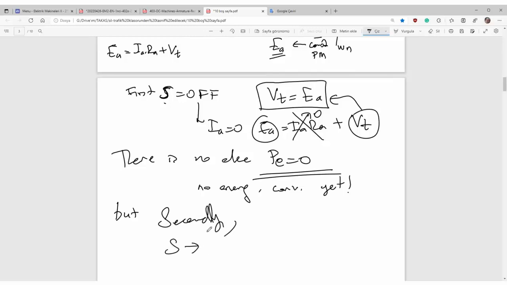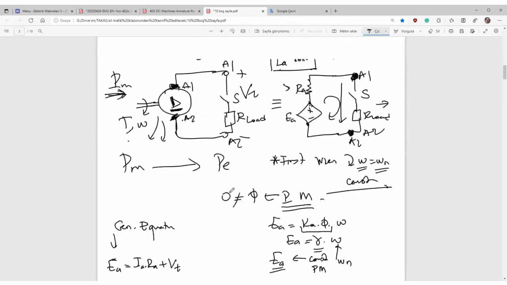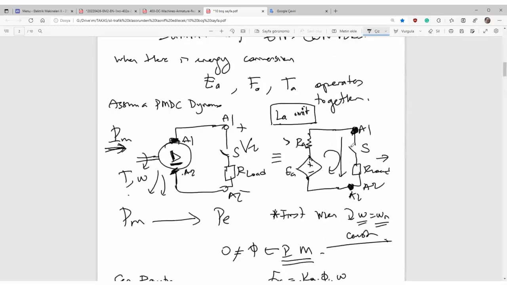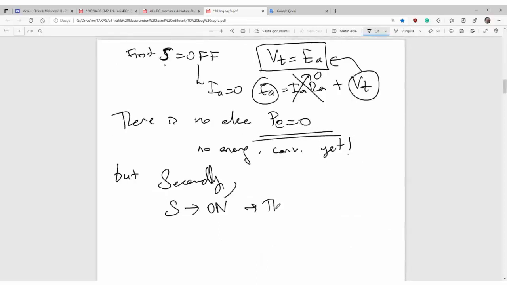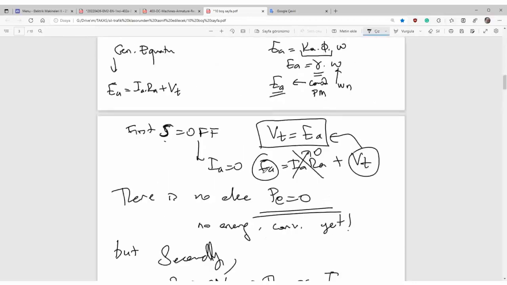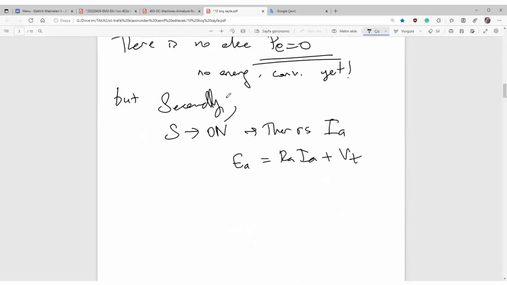Secondly, turn the S on. When you turn the switch on in the circuit, there will be some armature current due to this electromotive force. There is armature current, and then apply the equation Ra I plus Vt. That was the equation given here and here. So there is armature current.